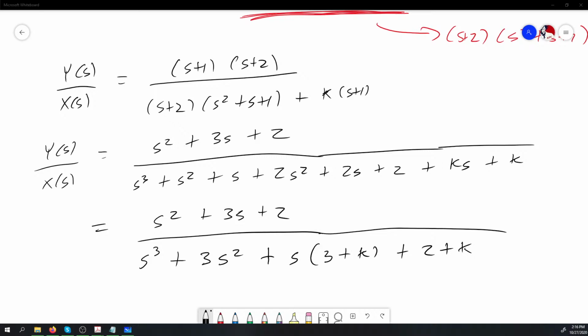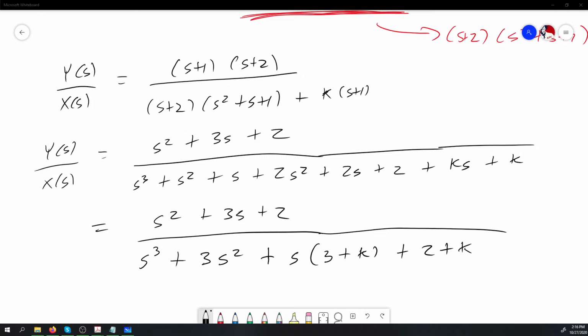For this particular problem, yes, the square and cube does not matter here because it's S and it's not G or H. Remember, we're dealing with this with respect to the S domain. So yes, you can have S cubed, S squared, S to the power 4. It doesn't matter in this case.